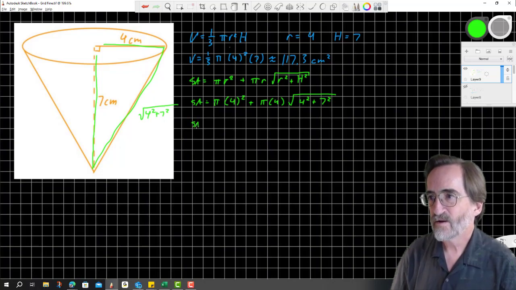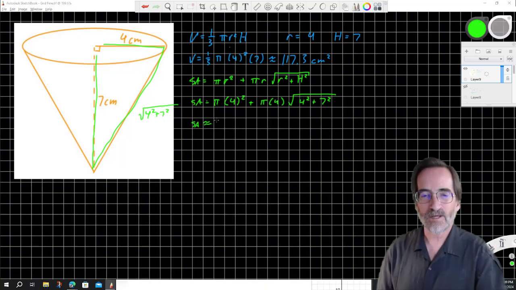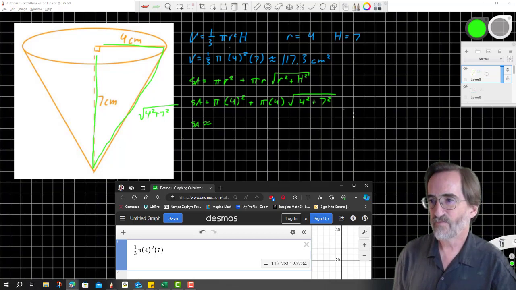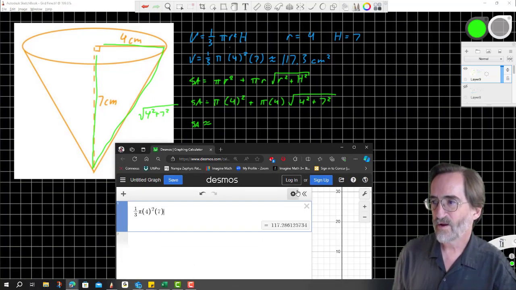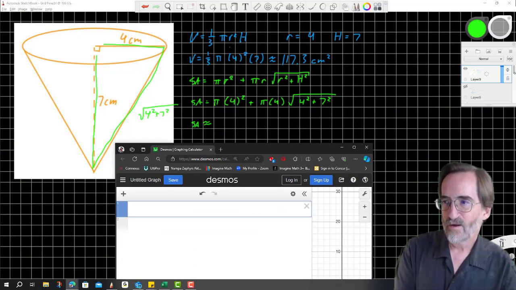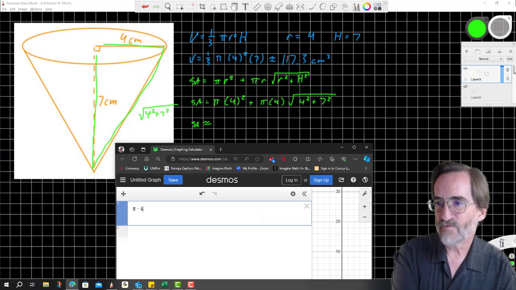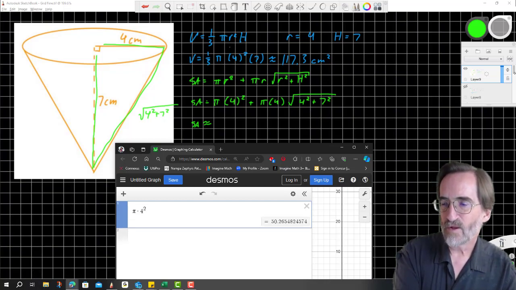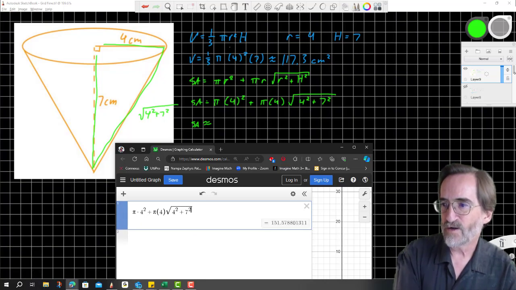All right. So surface area is approximately pi times 4 squared plus pi times 4 times the square root of 4 squared plus 7 squared.